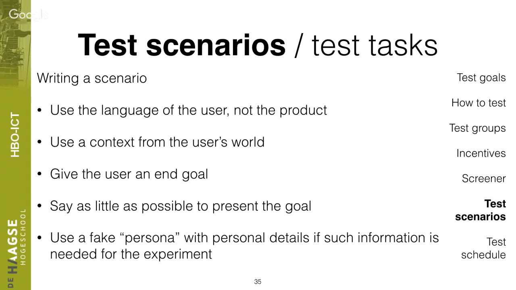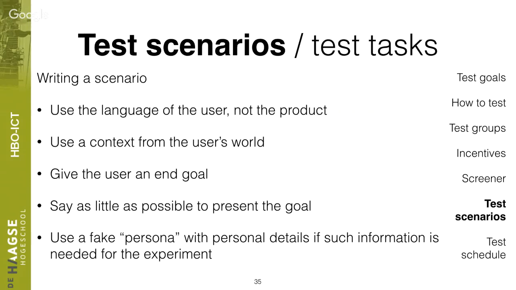Sometimes it also helps to use fake personas. So when you give a scenario, you can say, hey, imagine that there is this guy, John, with diabetes. He's been living with diabetes for 50 years, and he is losing his eyesight because of his diabetes, having kidney problems. It is very tragic. And so now put yourself in this guy's shoes, and now you want to use this injection thing to get your insulin.